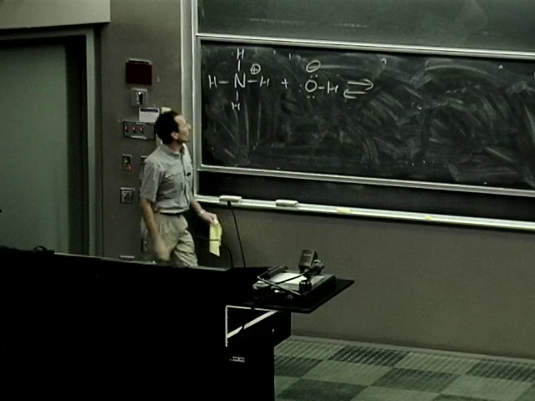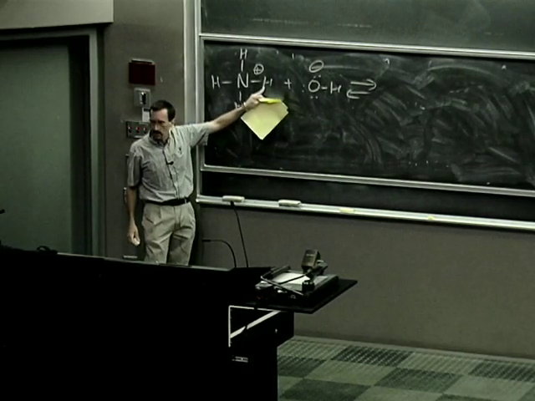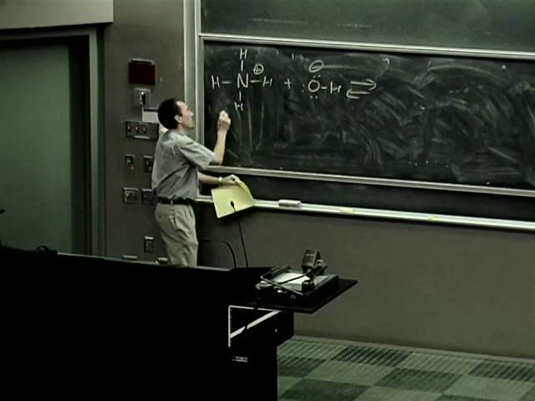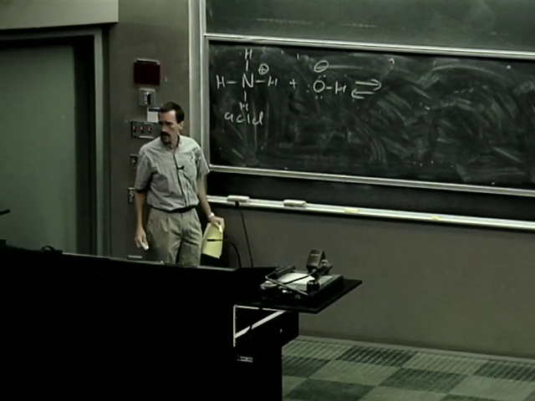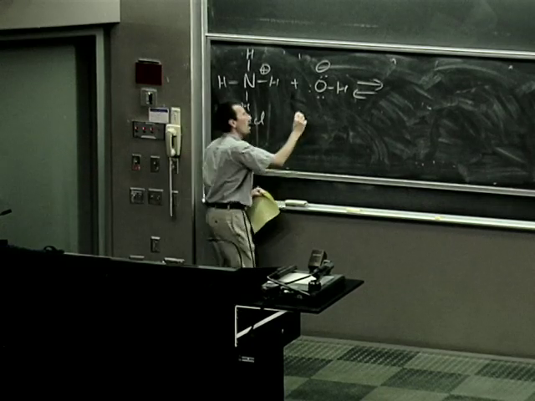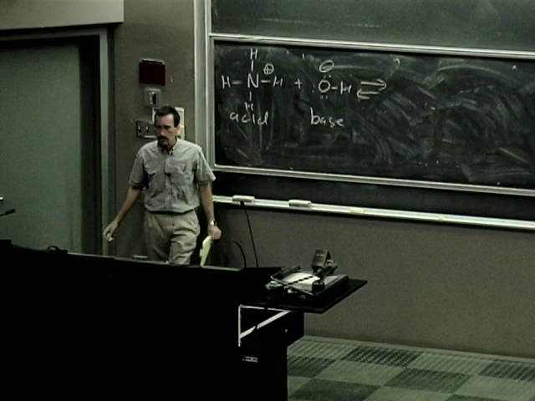Again, we have an equilibrium. The ammonium ion acts as a proton donor, in other words, as an acid. The hydroxide anion acts as a proton acceptor, in other words, as a base.